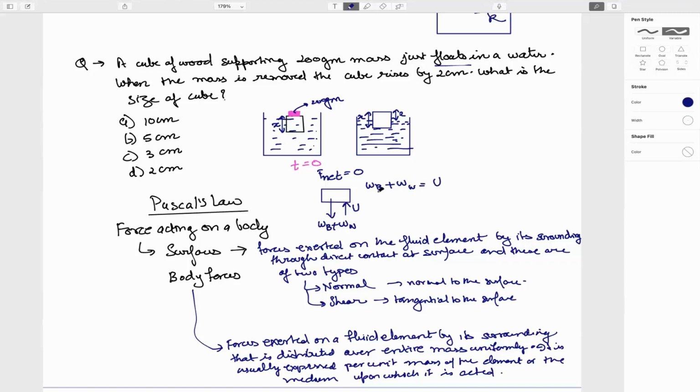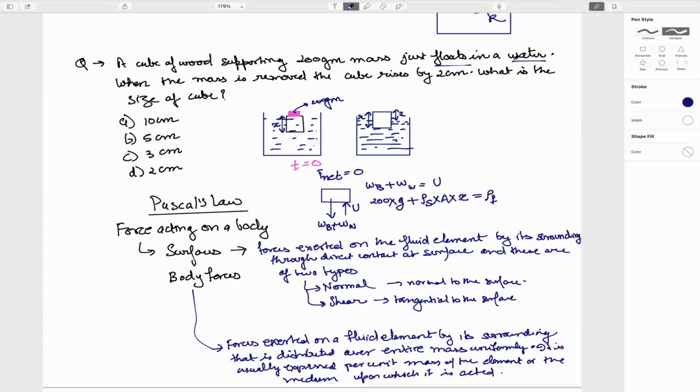The weight of this block is 200 gram, so 200 into g, plus weight of wood, that is rho of solid into volume, that is area times x, is equal to upthrust, that is density of fluid, rho F. It is water.